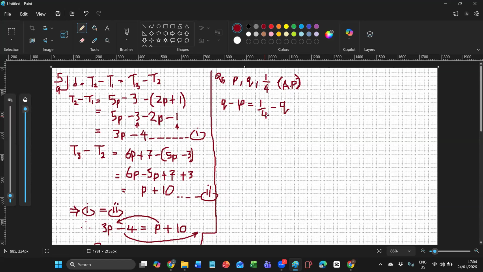Look at it carefully. You have Q on the left hand side and you have Q on the right hand side. What should we do so that we'll get those two together?